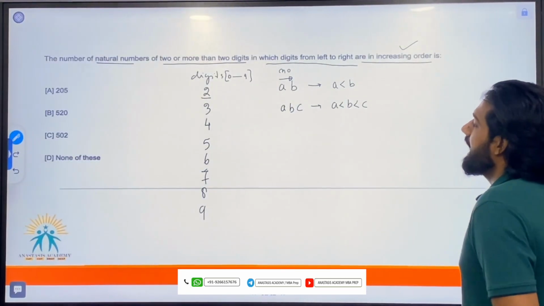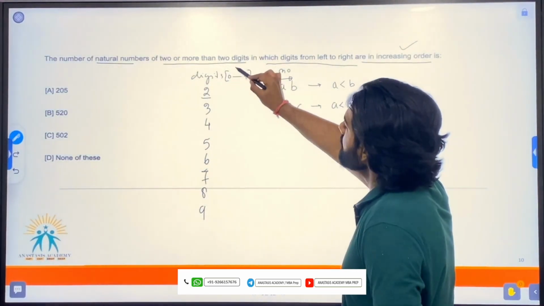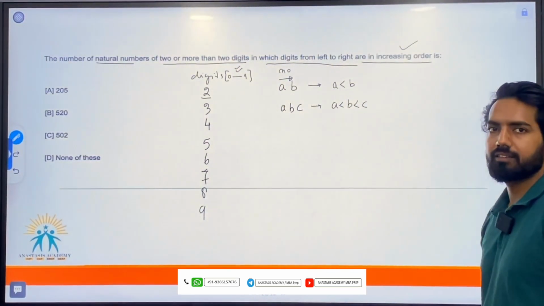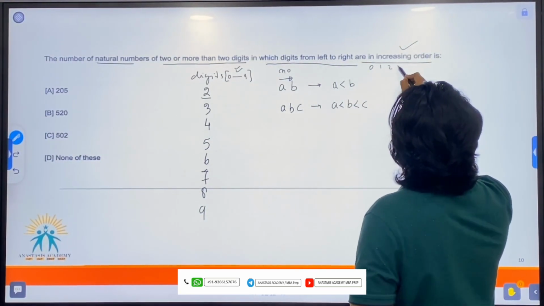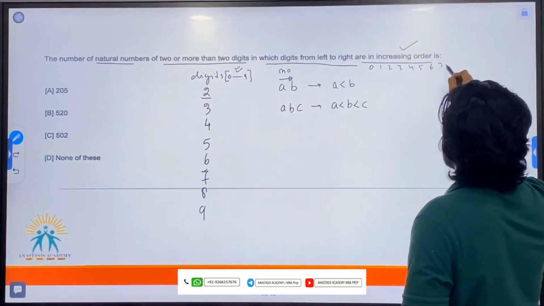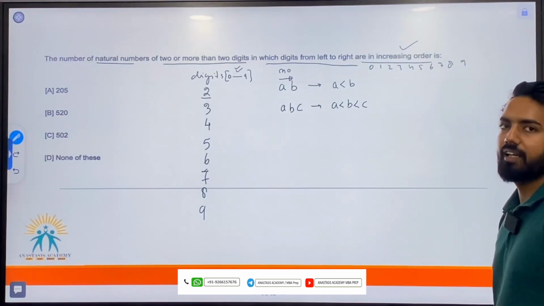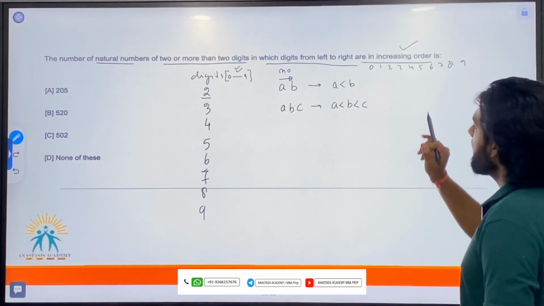Now, I can choose digits from 0 to 9, right? So digits available to choose are 0, 1, 2, 3, 4, 5, 6, 7, 8 and 9. Now just listen carefully.